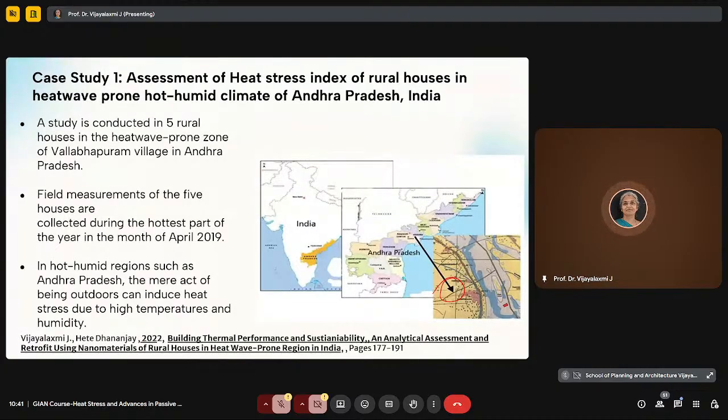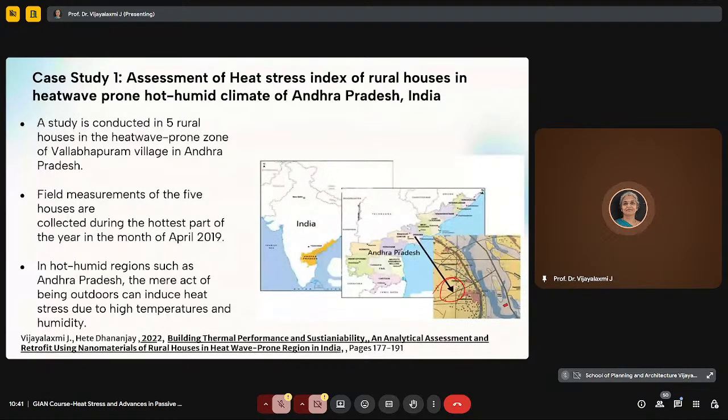In hot humid regions like Andhra Pradesh, just being outdoors can induce heat stress due to high temperature and humidity. Being indoors also leads to heat stress because in low socio-economic houses in rural India, they do not have the gadgets or apparatus to cool them.